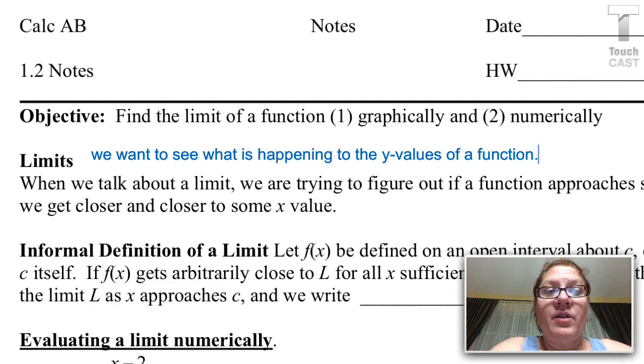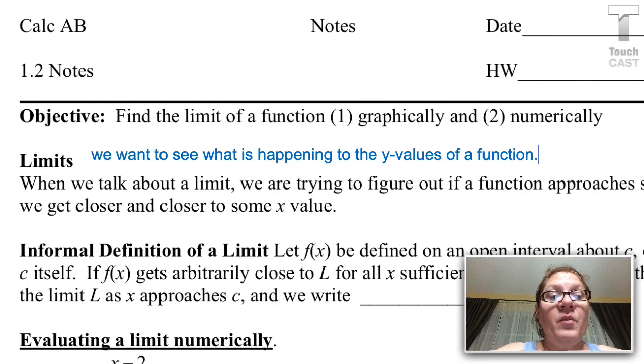In chapter 1, we're going to talk about limits, and limits are really just a fancy way of saying that we're looking at the y values on the graph. So one way is to look at them graphically, and another way is we can look at them by plugging and chugging some numbers and seeing what happens when we get close to a particular x value.